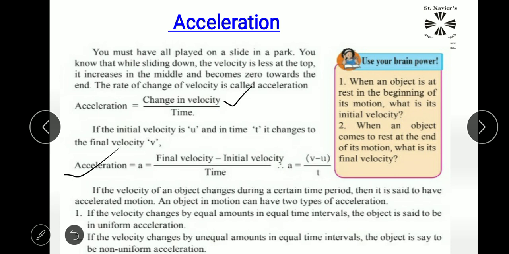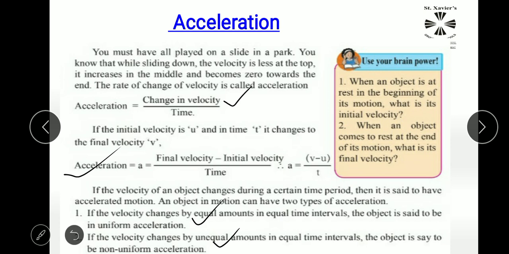Students, please remember, acceleration is also of three types according to change. It may be positive, negative, or zero acceleration. At the same time, acceleration may be uniform or non-uniform. Uniform acceleration means the change in velocity is constant per unit time.